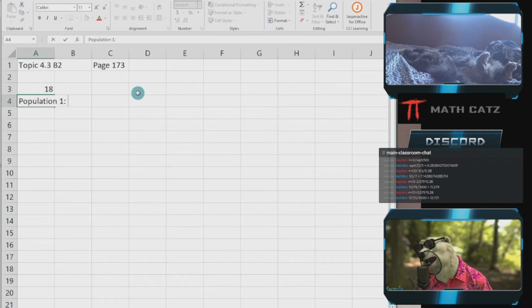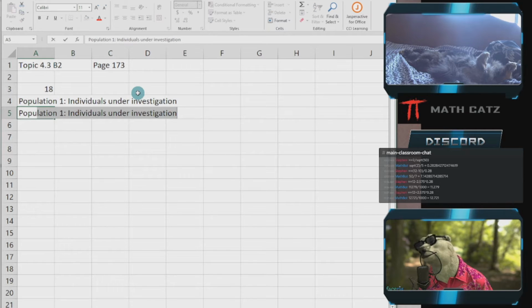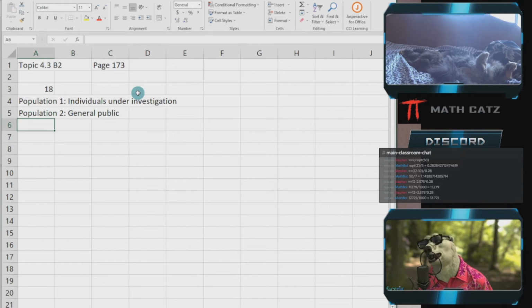Population 1 will be individuals under investigation, and population 2, Excel wants to autocorrect, not autocorrect, guess what I want, the general public, or whatever they said. I want to compare individuals I'm giving the special treatment to people in general.